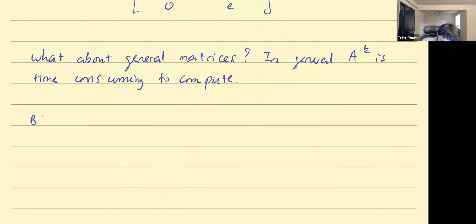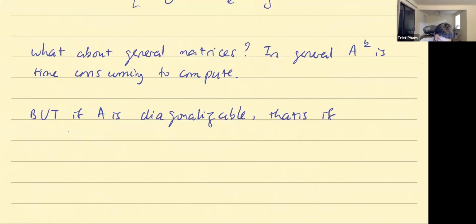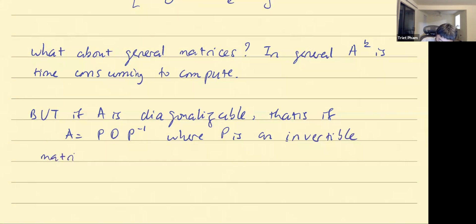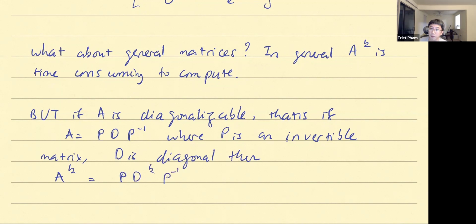But, okay, if A is diagonalizable, that is, if A is PDP inverse, where P is an invertible matrix, and D is diagonal, then A to the k is P D to the k P inverse, where D to the k is easy to compute because you just raise the individual entries of the diagonals to the kth power.